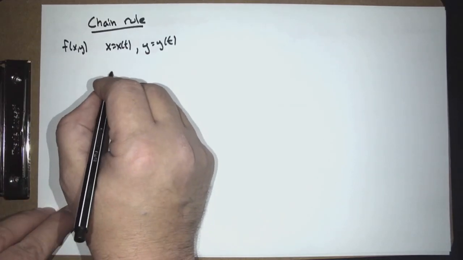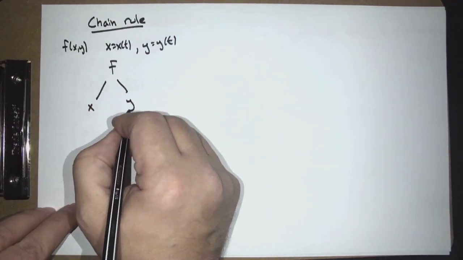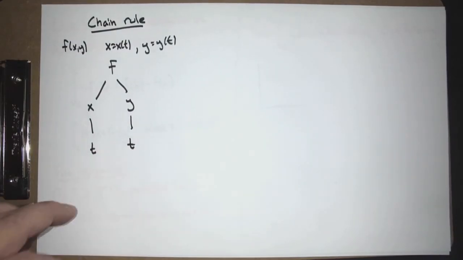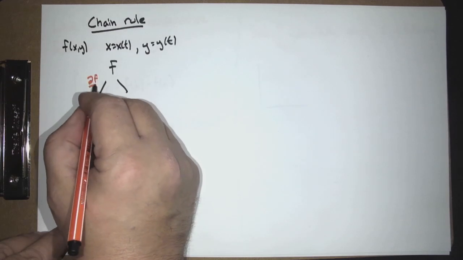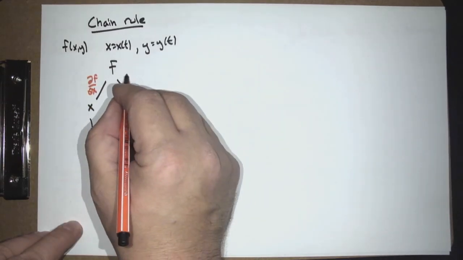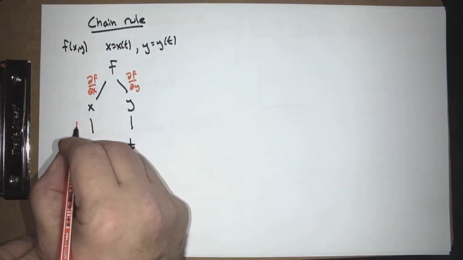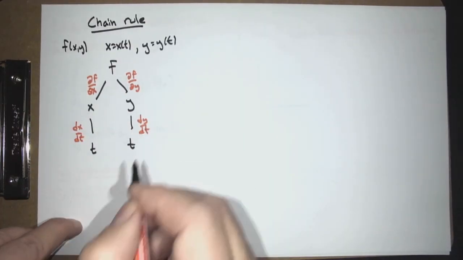And I can say, well, what happens? f depends on x and y. x depends on t, y depends on t. So I'm making a chart of all these variables here. Now, we mark the derivatives. Partial f, partial x, partial f, partial y, dx dt, dy dt.